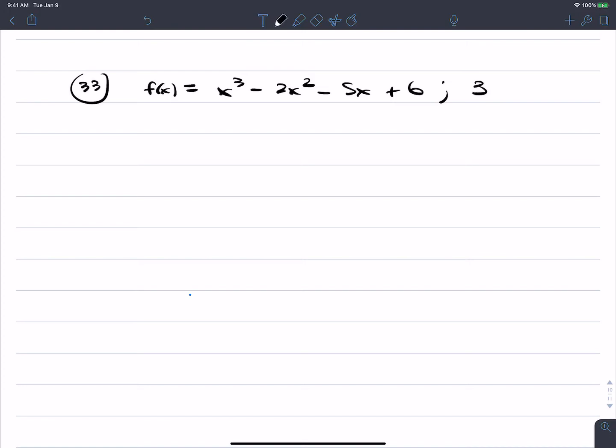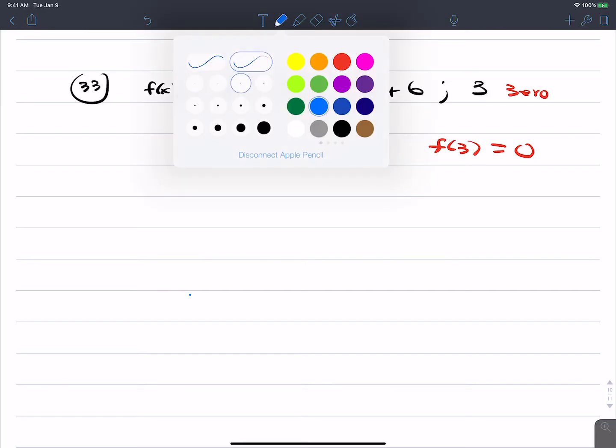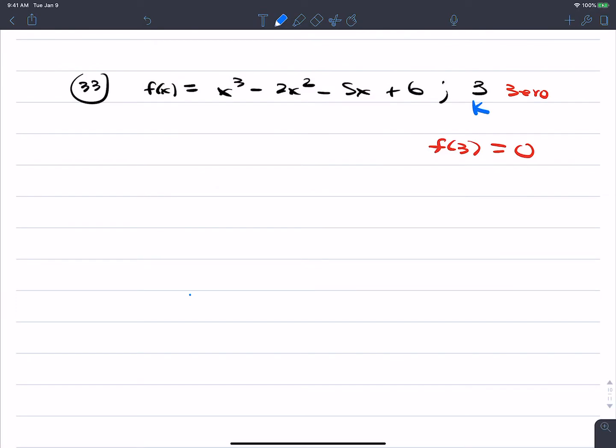So for the next set of questions here, they want us to factor each polynomial function where 1 zero is given. So here we have 1 zero. Let's write down what this means. This means f of 3 equals 0, because they're saying this is my zero. This is the k value that they gave us. So f of 3 equals 0.